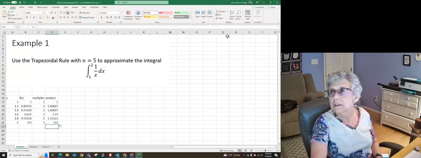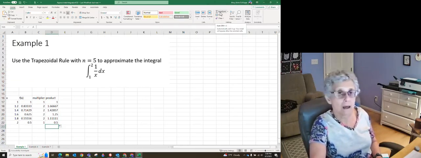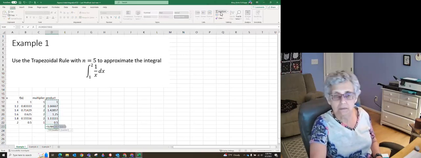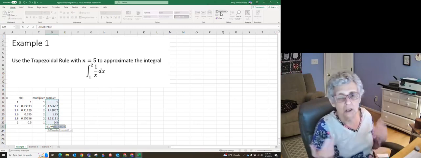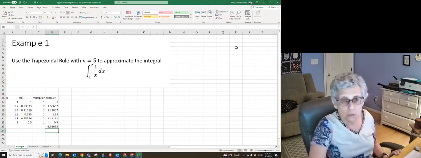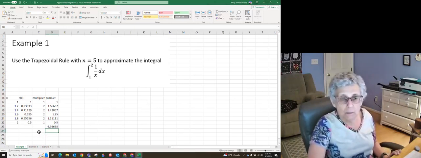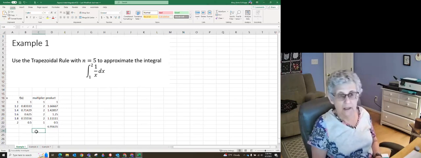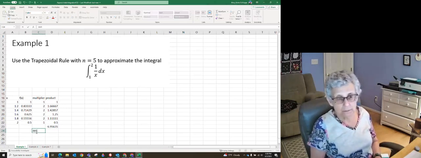Then I asked Excel very nicely to add those up by putting my cursor below the list of numbers and hitting auto sum, or you can type in equals sum and select what you want. And then you need to multiply by delta x over 2.